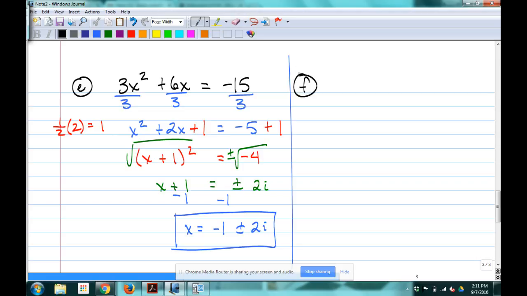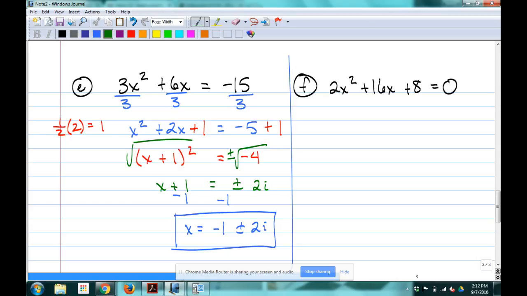All right, let's look at another one. Kind of similar to that. Let's say we had 2x squared plus 16x plus 8 equals 0. So what do I do first?